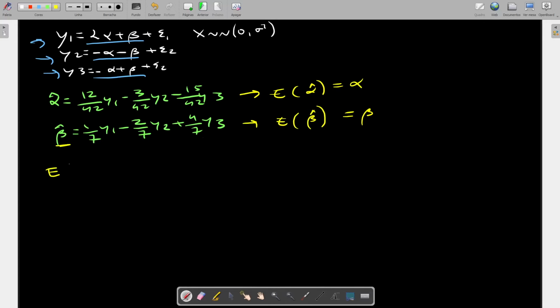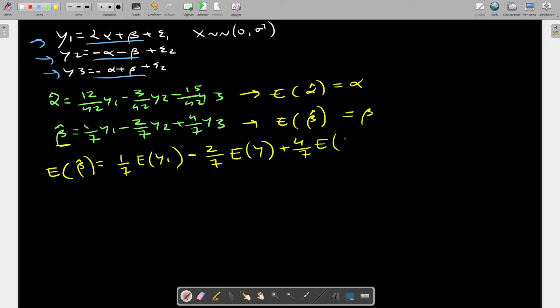For beta, remember this one comes outside, and then it is equal to the expected value of y1 minus 2 divided by 7 times the expected value of y2, and the same for the other one, 4 divided by 7 times the expected value of y3. All we are doing now is using the values that we have inside here, forgetting the error.